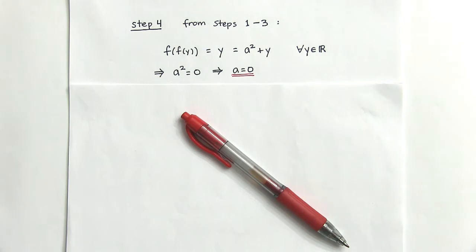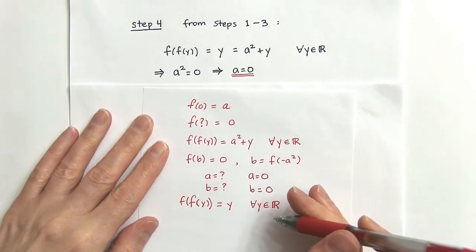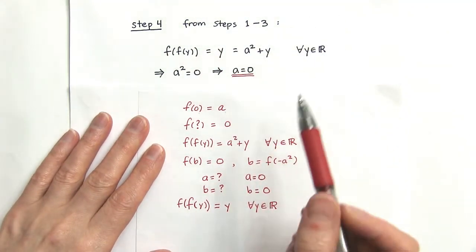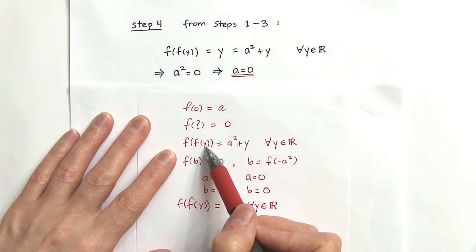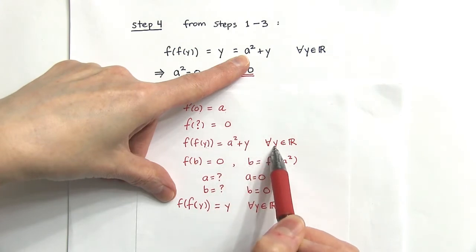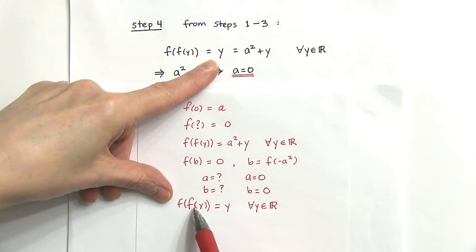So I'll write each step down just to make sure I'm being clear. So step 4, here's my list of conclusions so far. And from steps 1 through 3, I know that f evaluated at f at y is a squared plus y for every y on the one hand, but at the end of step 3, I got that f at f at y is y for every y.